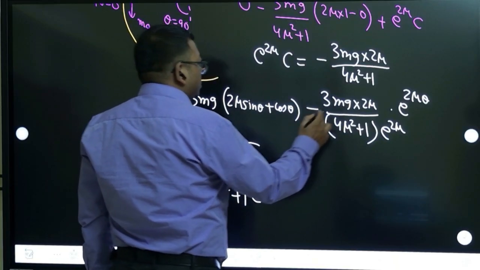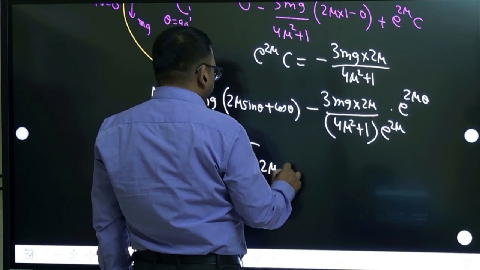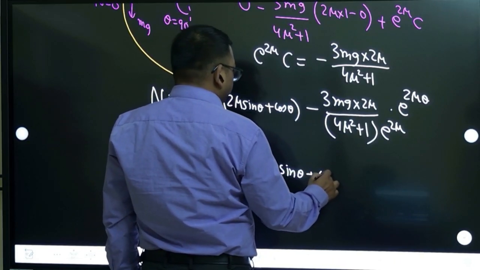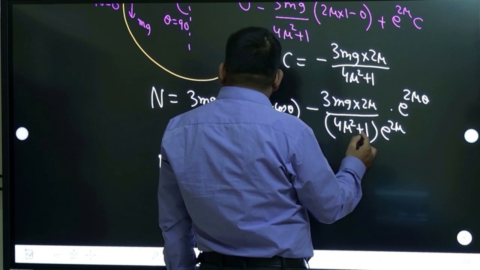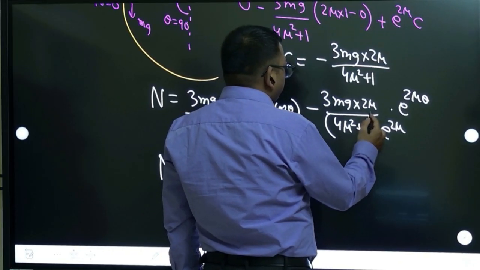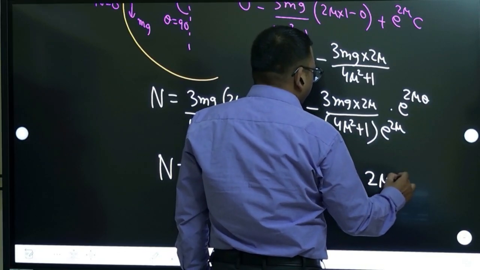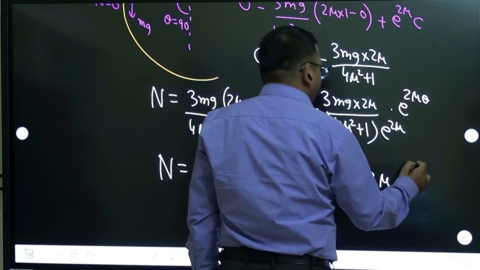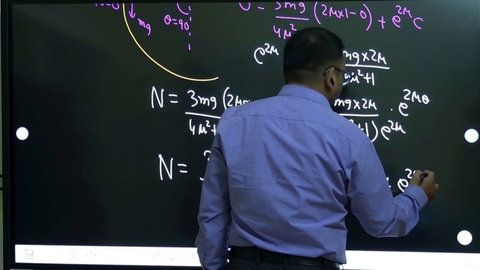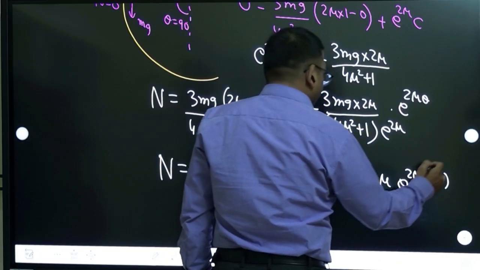So this has become 2 mu sine theta plus cos theta minus, and this is 2 mu remaining, with e power 2 mu theta minus 2 mu. So 2 mu I will take common, so theta minus 1 will be this, right?